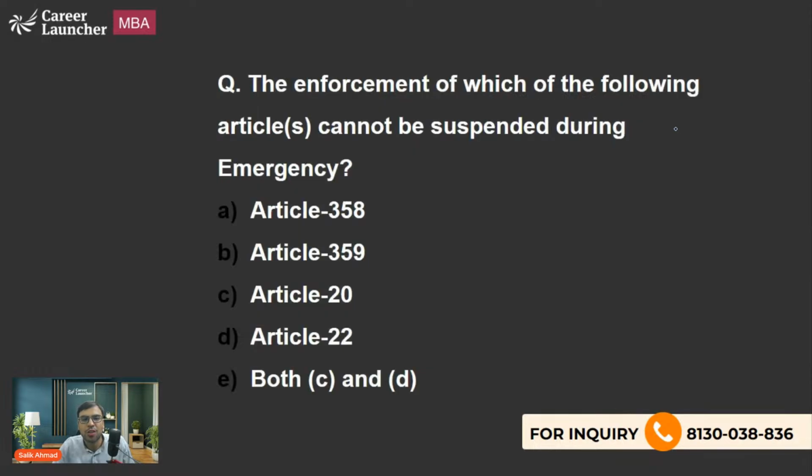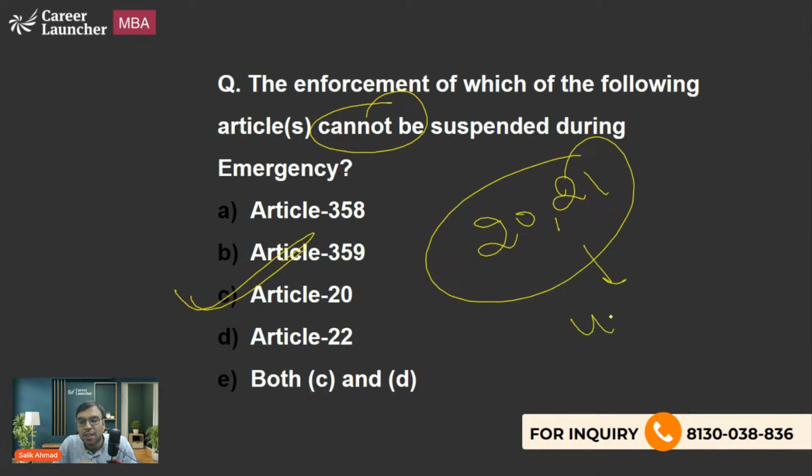These are the things you should know. Now, this is slightly on a higher side, but let me tell you. There are two articles which are not suspended. There are two articles whose enforcement cannot be suspended even during emergency, and that is Article 20 and 21. This was again brought under the 44th Constitutional Amendment.